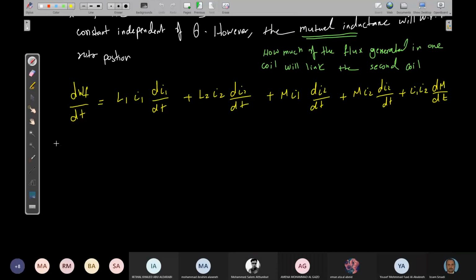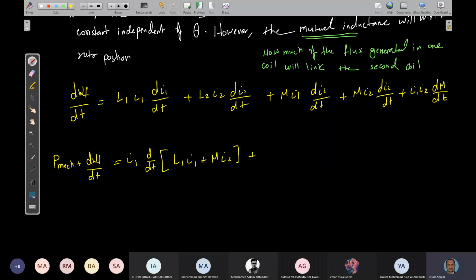So P mechanical plus d omega f by dt was equal to I1 d by dt of (L1 I1 plus M I2) plus I2 d by dt of (L2 I2 plus M I1).